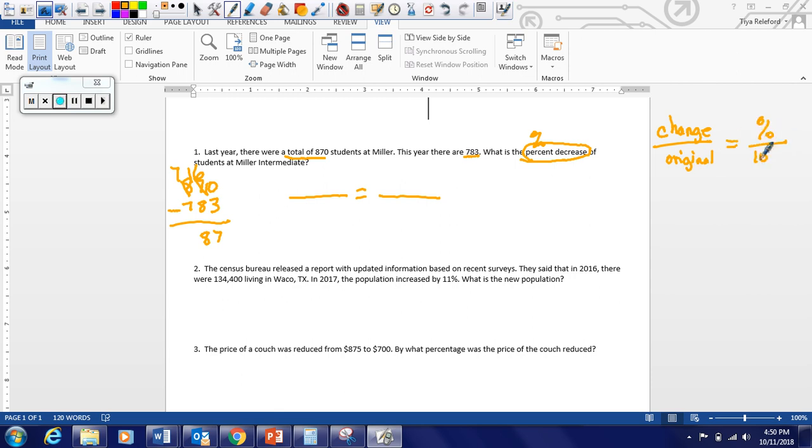It's just like a percent problem, a little bit different. We decreased 87 students. Excuse me. The total goes on bottom, is 870. You are going to find out what percentage that is. And you might even do it in your head, and that's A-okay as well.